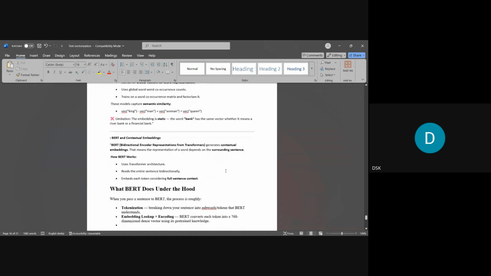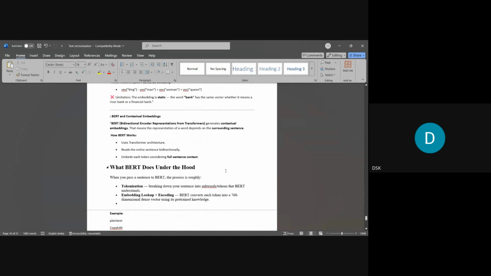Now, BERT and contextual embeddings. BERT stands for Bidirectional Encoder Representations from Transformers. It generates contextual embeddings, which means the representation of a word depends on the surrounding sentence. BERT uses the transformer architecture, reads the entire sentence bidirectionally, and embeds each token considering the full sentence context.